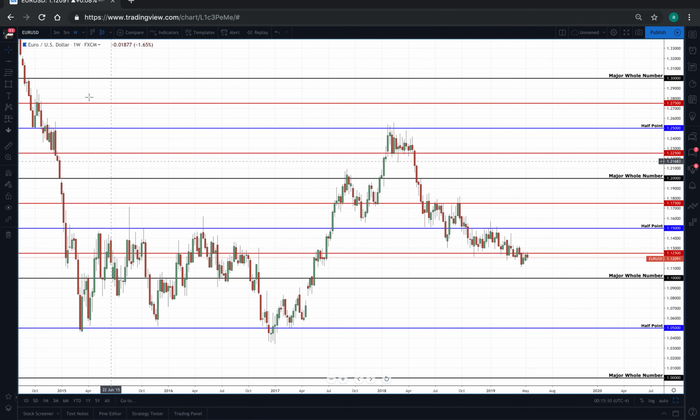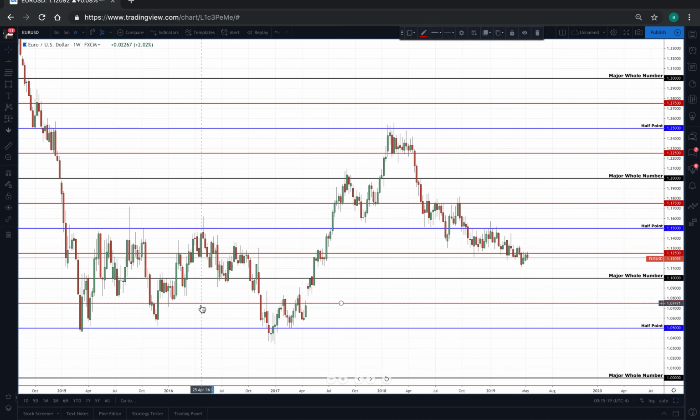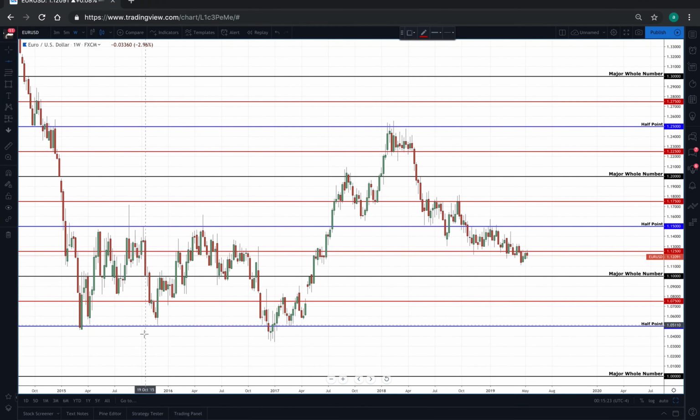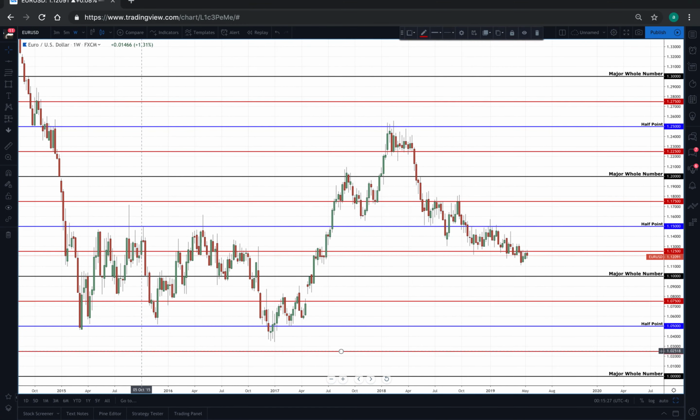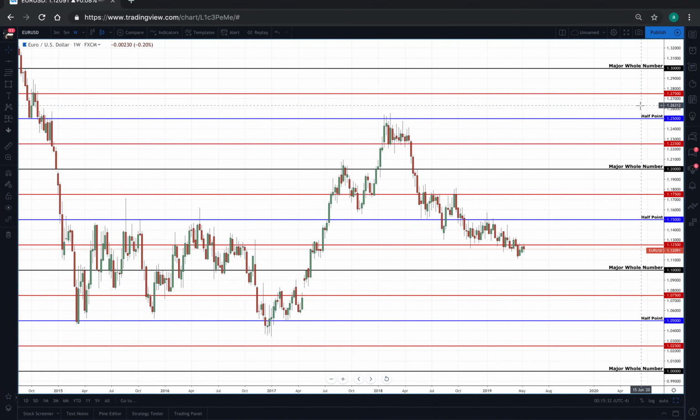Right there. And then the last one here, 7.5. And then I guess one more here. So again, you can see the ones that are labeled. The red ones represent quarters.